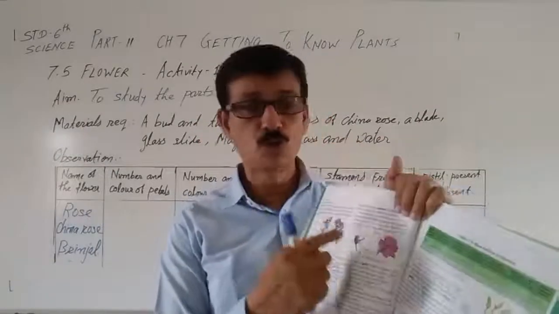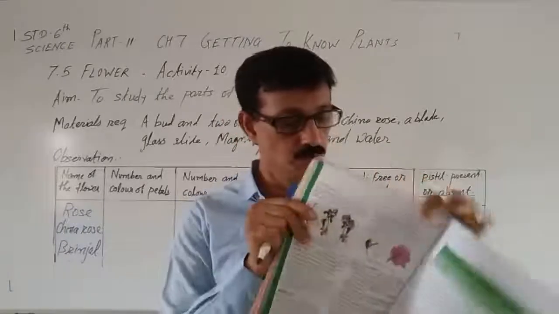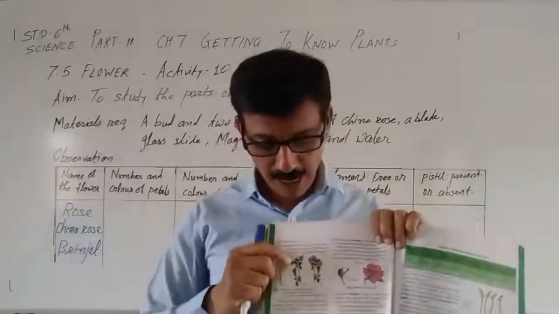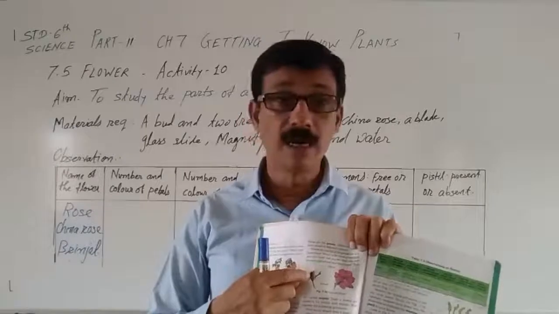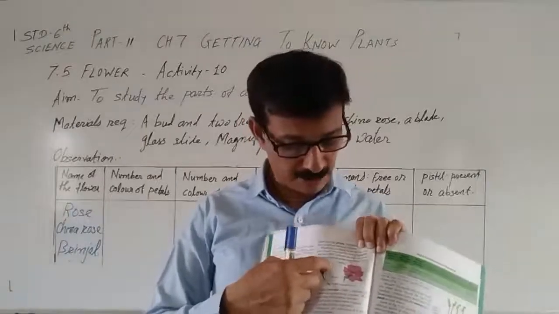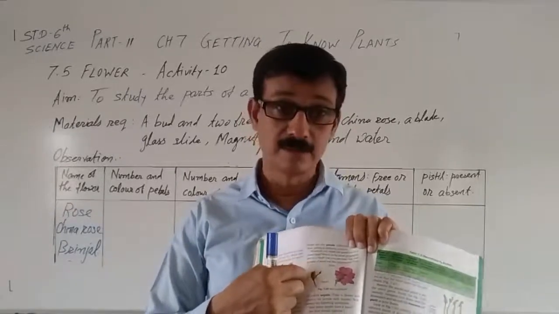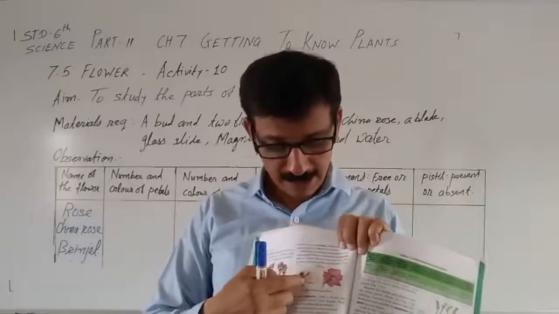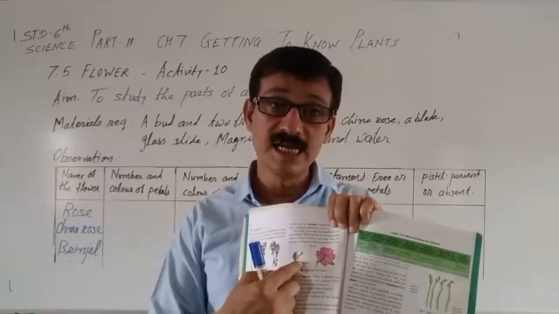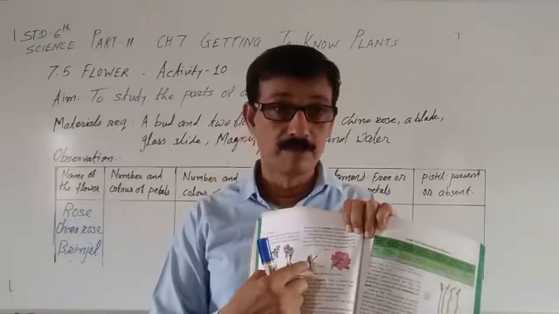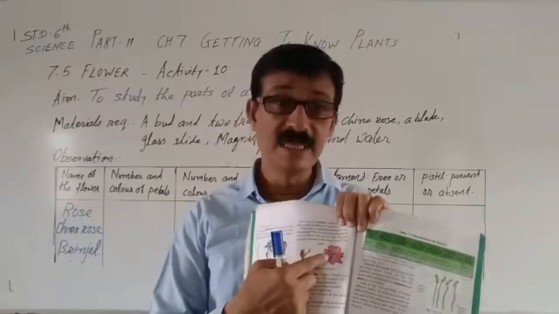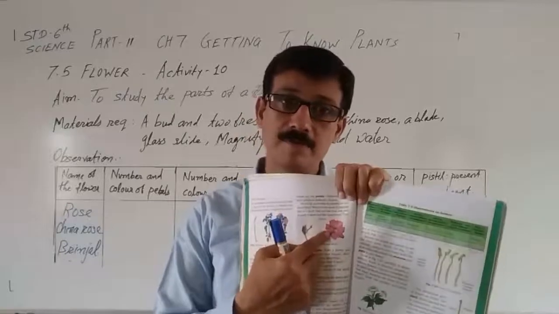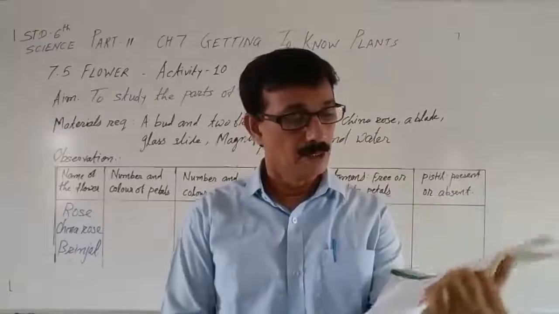Let me show you over here, and after that I will show you through this flower also. Here you can see a bud in which there are petals, and here you can see many petals, and the green part is the sepals, in both the bud and the flower. We can see that.